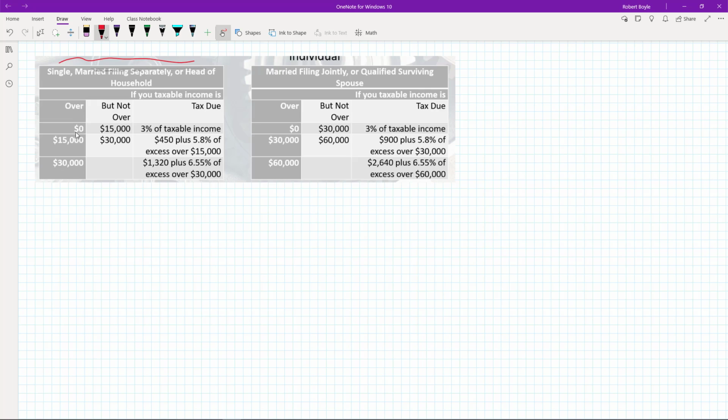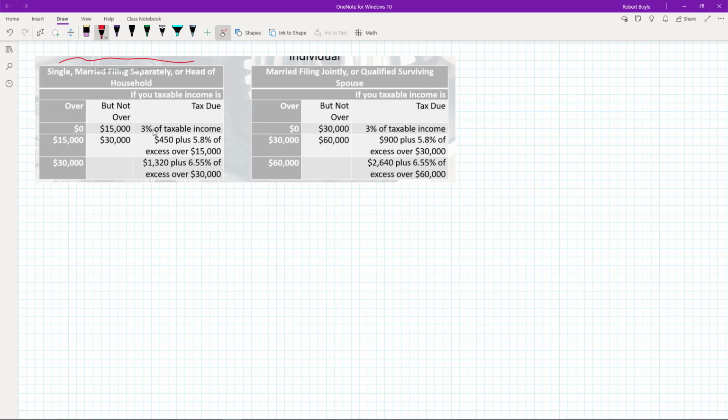Now, if you are making more than 0 and less than $15,000, your tax is going to be 3% of your taxable income. So now we can't use percentages. We actually have to use the decimal.